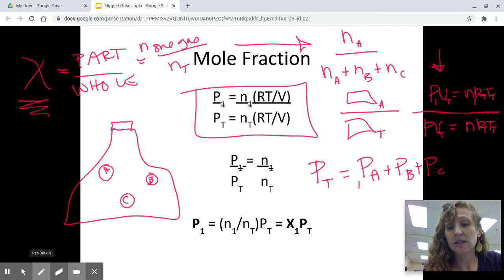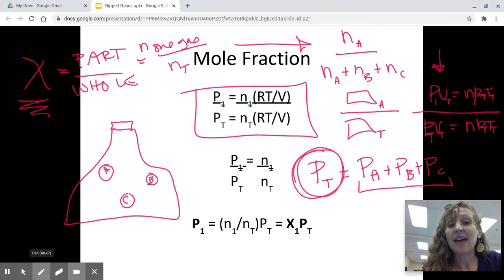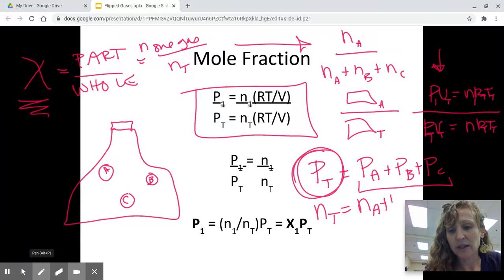And then when we take the sum of these three, we get the total pressure. So down here, the pressure on the bottom would be total pressure. And then N on the other side is moles. So the total moles is going to be moles of A plus moles of B plus moles of C. So this N is also different than the N that's going to be on the top of this fraction.